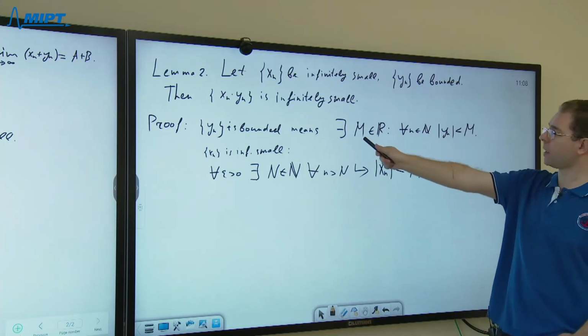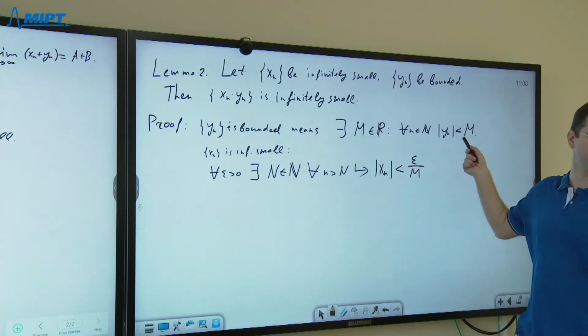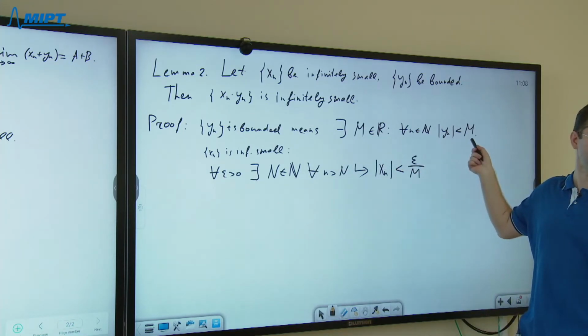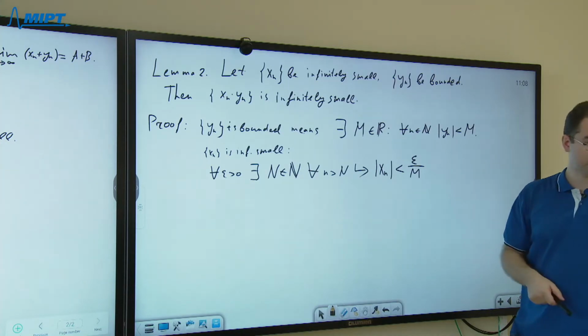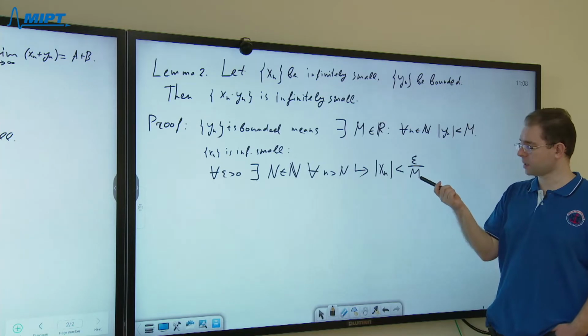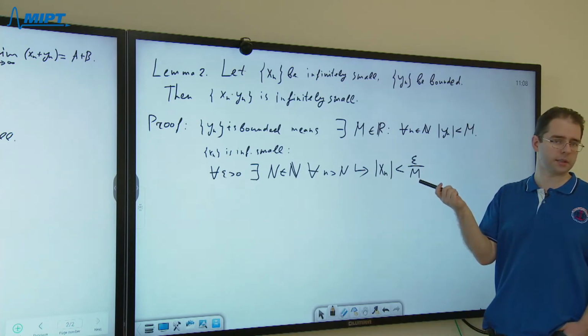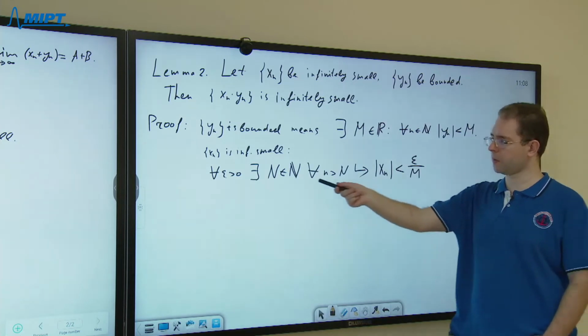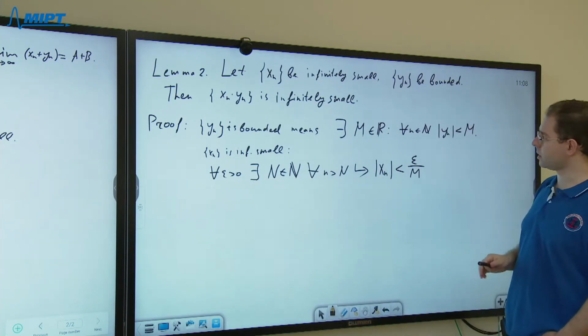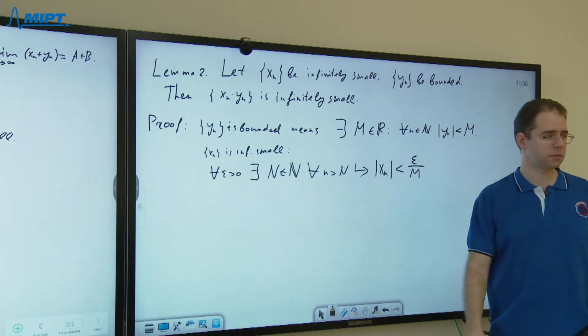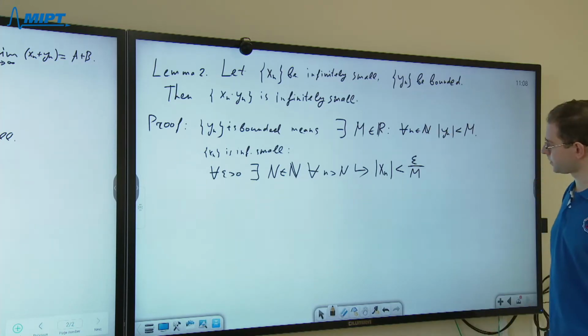Since number M is obviously positive, this is a positive number, then this is also a positive number, and we can see, of course, that this number does not depend on any of the other entities in this line. It's just some number regarding the other sequence.